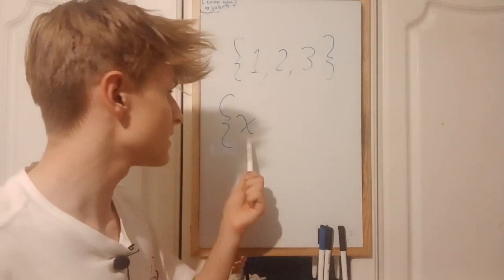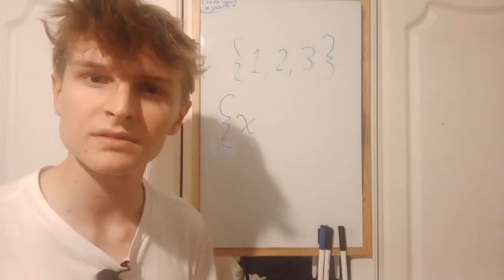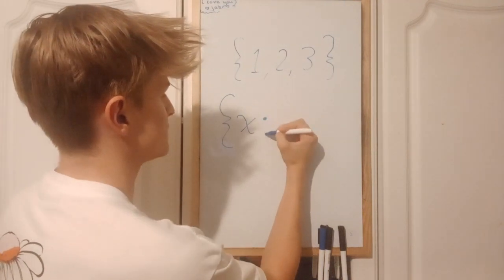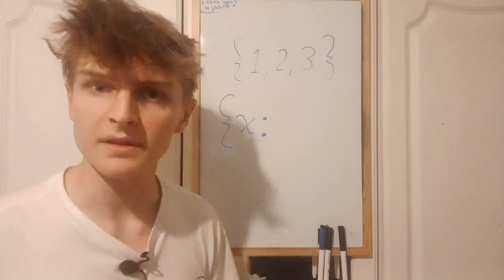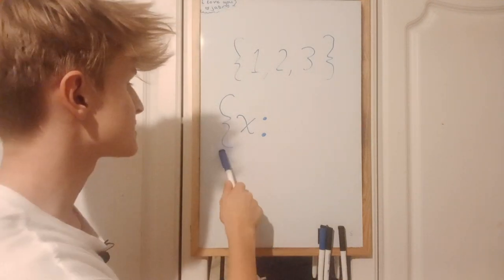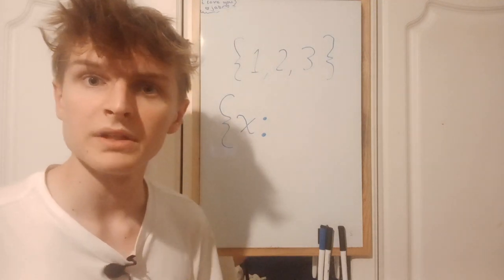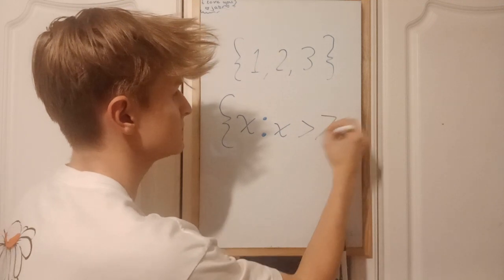In this position, x just means any general number, like it does in normal maths, just another variable. Then we write down this semicolon, and this semicolon means "such that". So far we've got the set of numbers such that. Now all we need to do is write down x > 7.